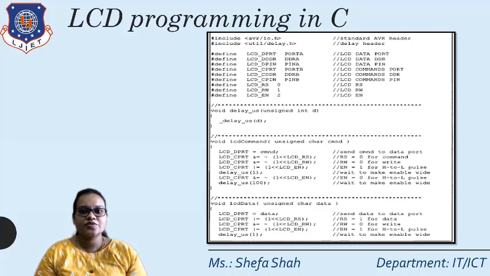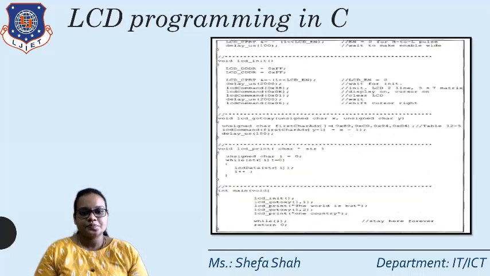So these functions, which we wrote as different subroutines in assembly language, we make in C programming, using the enabling instructions. Then for initializing the LCD, all the commands which we need to give are given here, and the data which we need to print on this LCD is given in the main part, right? So this is the LCD programming in C, right?